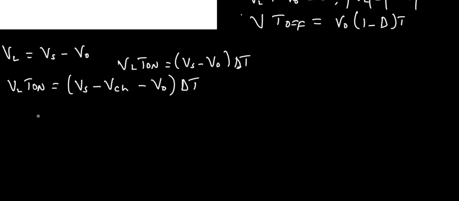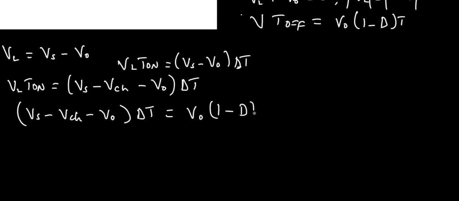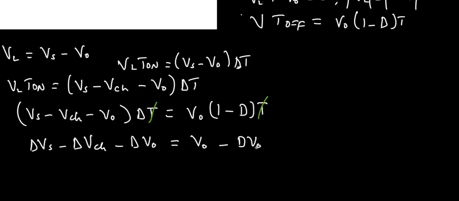So we have Vs minus VCH minus V naught multiplied by dT equals V naught times (1 minus d) multiplied by T. Then T will cancel out T. So we have dVs minus dVCH minus dV naught equals V naught minus dV naught.